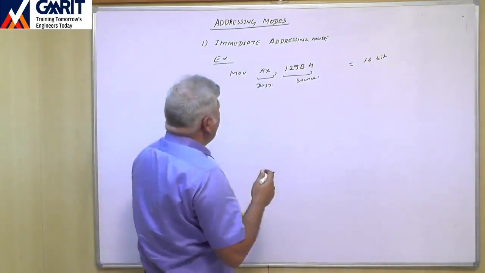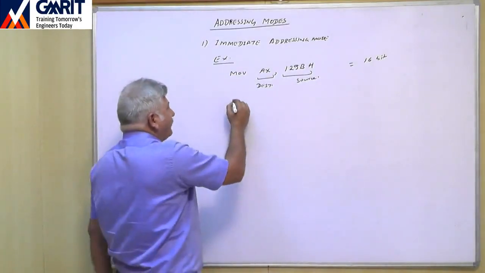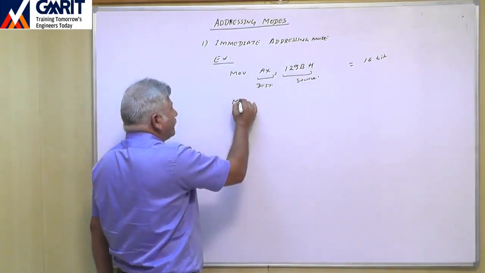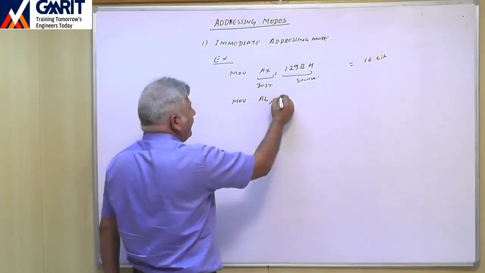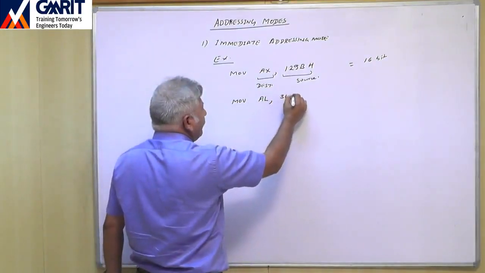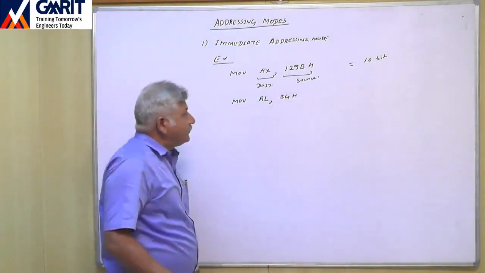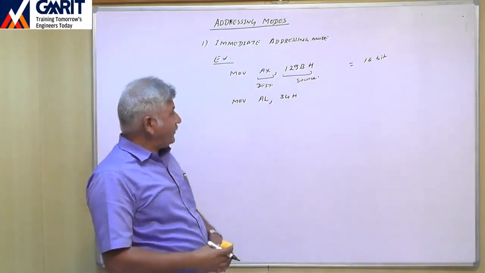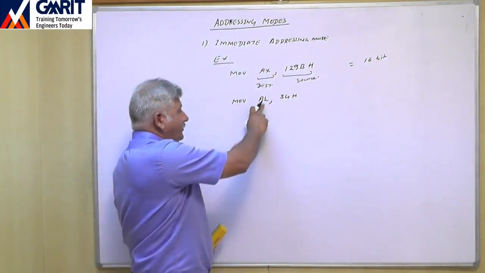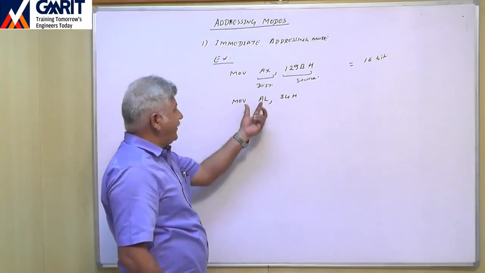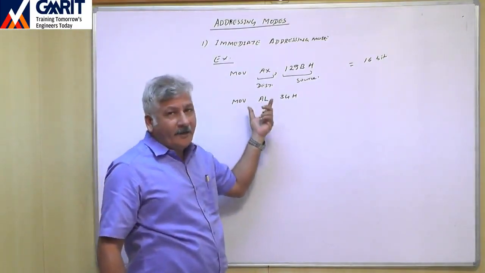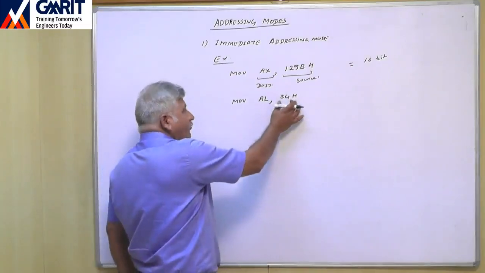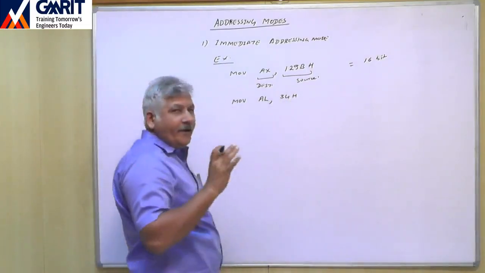If we want to move an 8-bit number, that is also possible. MOV AL, 34H. In this case our destination is 8-bit, since AL is an 8-bit register. In an 8-bit register we can store only an 8-bit number, so our source should be 8-bit only.